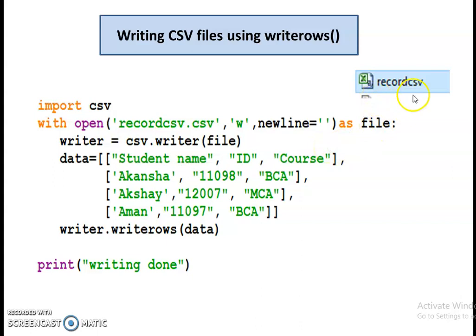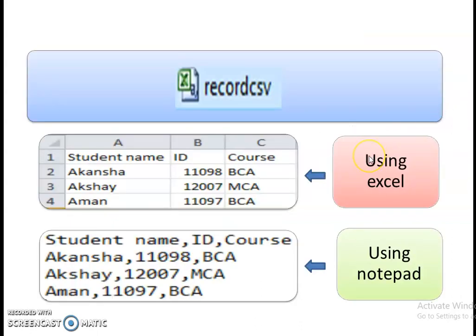So after creation of this record.csv file, we can see the content of it. So using Excel program, when we open this file, it will display the data in this manner. It will show the data in tabular format.